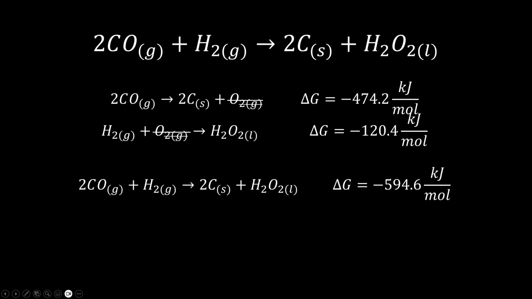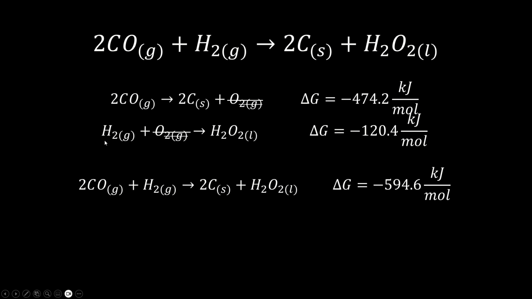Here's what's nice. If we were to run those two modified chemical reactions one right after the other, here's what we see. We have one reaction with a reactant of carbon monoxide gas and products of 2 moles of carbon and 1 mole of molecular oxygen. In our second subreaction, we have hydrogen gas as a reactant reacting with a mole of molecular oxygen to form hydrogen peroxide.